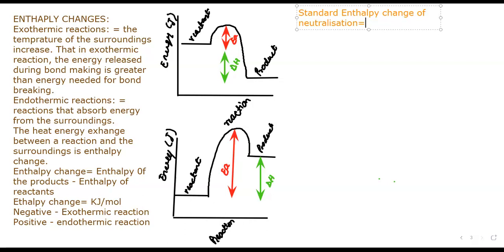So when I am measuring these enthalpy changes at standard conditions, that is 1 atmosphere and 293 kelvins, right? Room temperature, that is standard conditions. So standard enthalpy change automatically means that I'm doing the experiment under standard conditions.